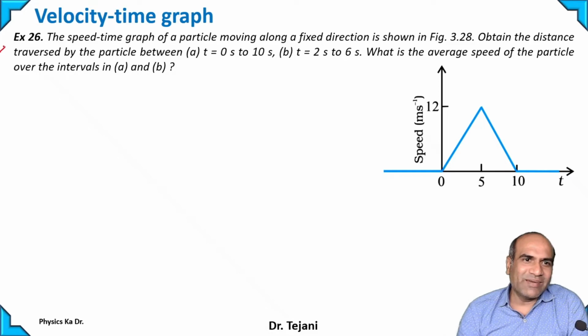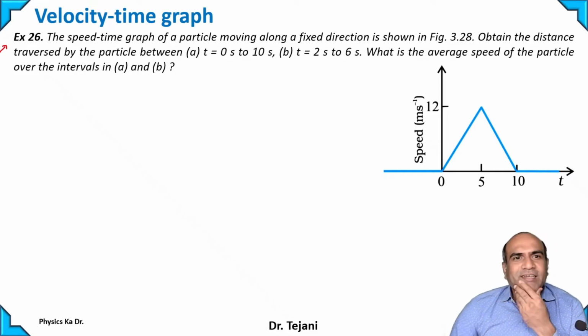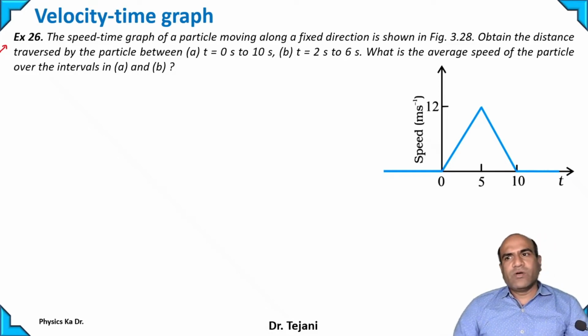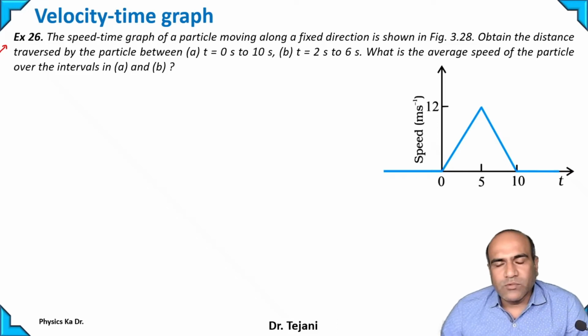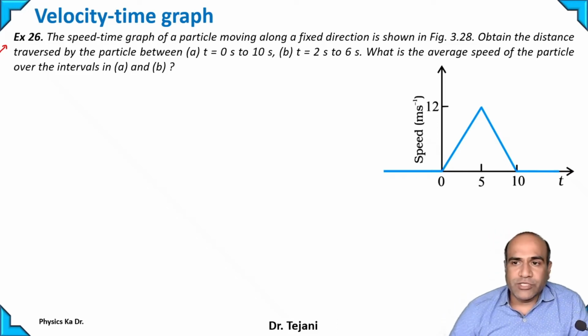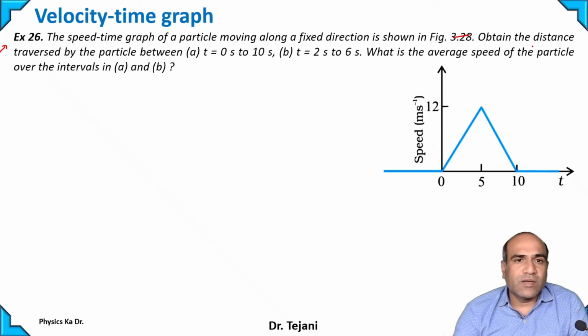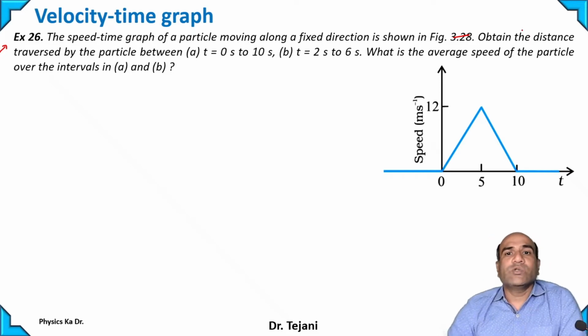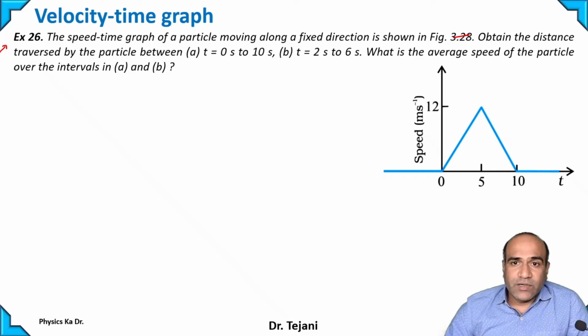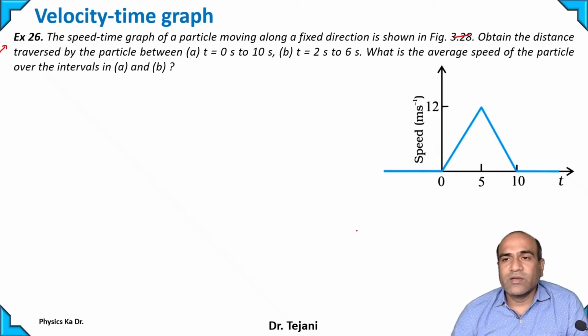Then example number 26. The speed time graph of a particle moving along a fixed direction is shown in the figure. Obtain the distance traversed by the particle between t equal to 0 to t equal to 10 seconds, and at t equal to 6 seconds. What is the average speed of the particle over the interval A to B?